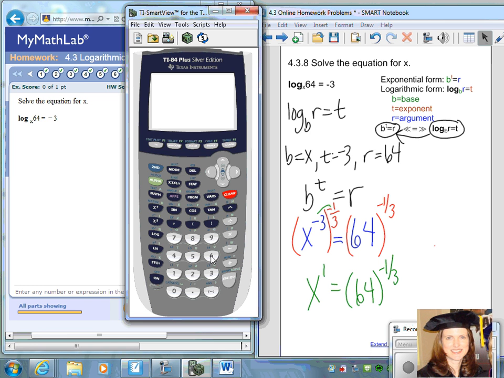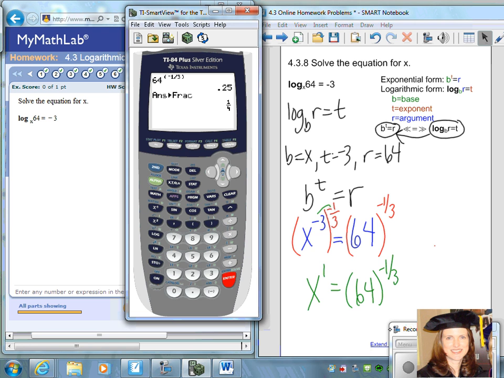I'm going to put my base 64, raise it to the exponent, and the exponent I'm going to put negative 1/3 in parentheses. Okay, and enter, I get 0.25, or you can convert that to a fraction, 1/4.